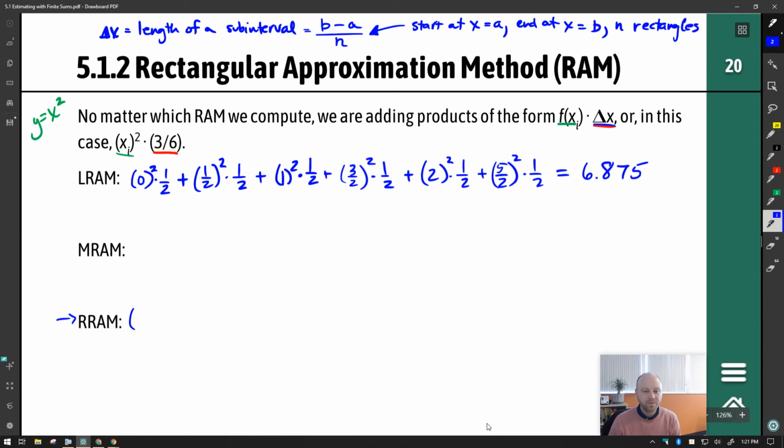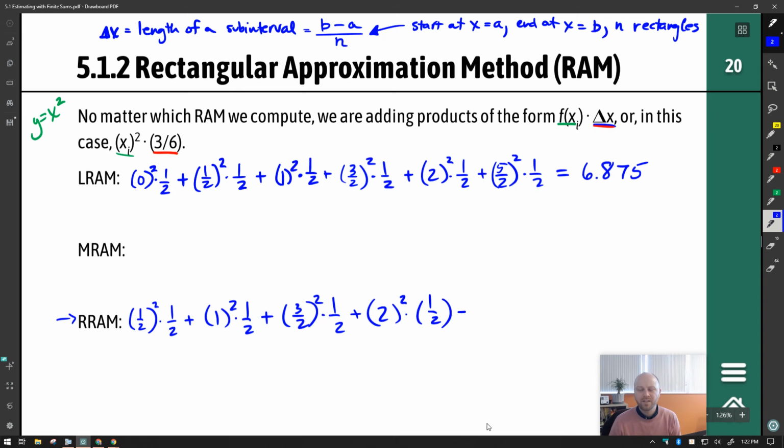So let's get back over here. We'll go in with the first one, which is 1/2 squared times 1/2 plus 1 squared times 1/2 plus 3/2 squared times 1/2 plus 2 squared times 1/2 plus 5/2 squared times 1/2 plus one more. Oh, right, that was 3 squared times 1/2.